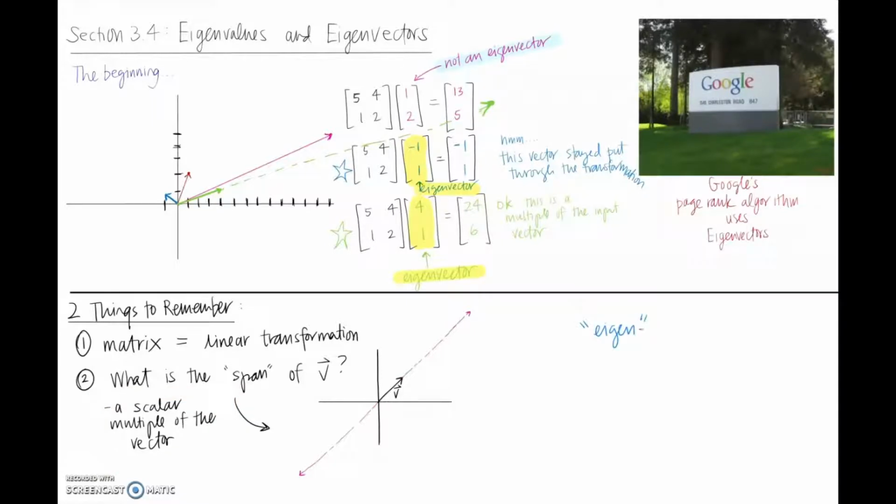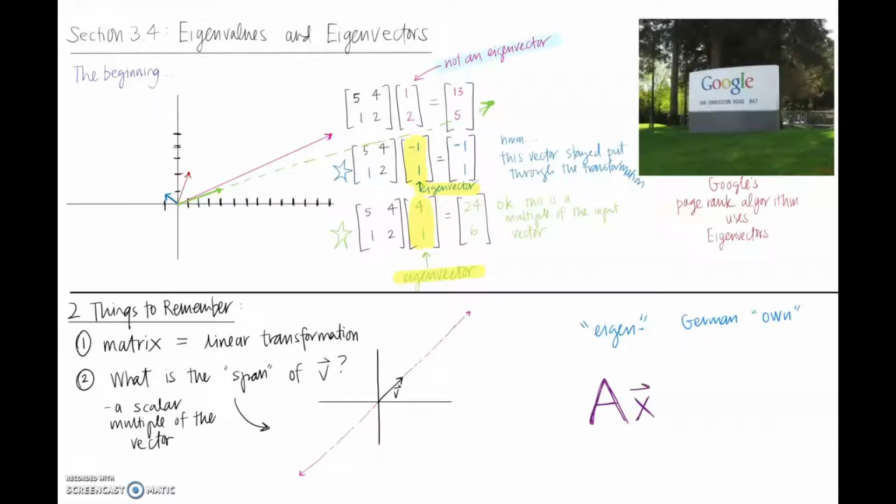why do we use this term eigen? In German, the translation is own. So your own vector, your own. So it's like your own self, if you're a vector, or one that's really related to it. And so what we're going to be looking for when we look for these eigenvectors is this: we have this matrix A, which is a linear transformation, and say that we have some vector x.